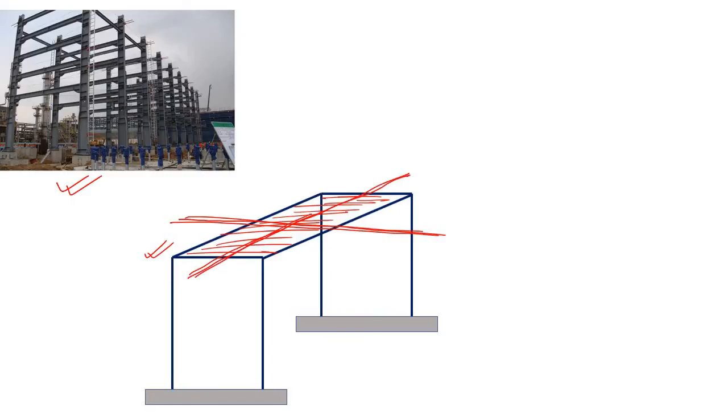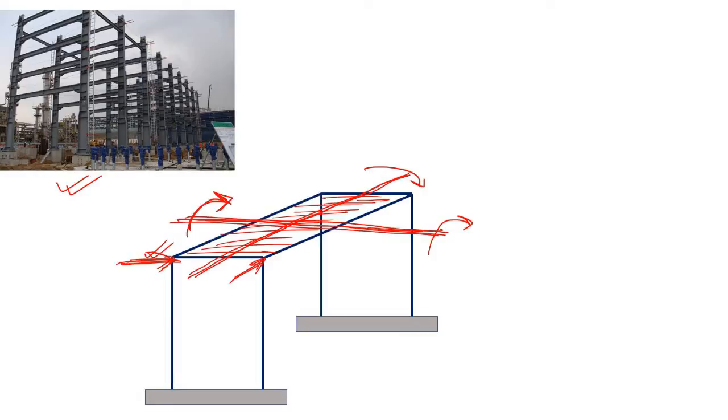So tell me, if we apply any lateral load, or you can say if we apply any moment about this major axis and about this minor axis, in which case the structure is stronger? Definitely when we apply any lateral load like this, or whenever we apply any moment about this major axis, the structure is stronger.